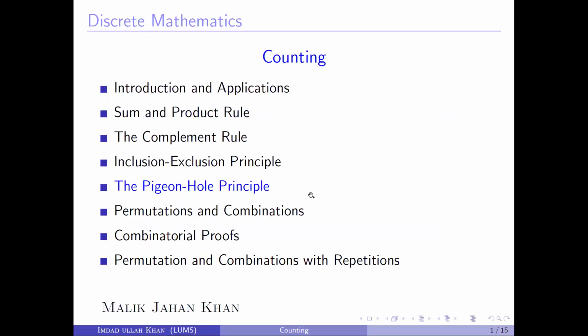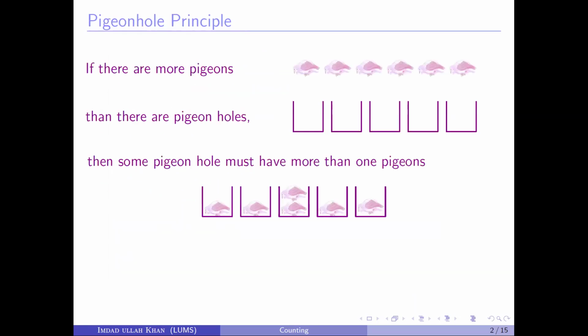Okay, our next principle, which we are about to have a look at as part of our counting exercise, is the pigeonhole principle. The principle is very intuitive and very simple. If there are more pigeons than pigeonholes, so these boxes are representing pigeonholes.